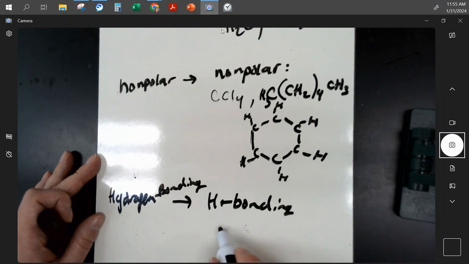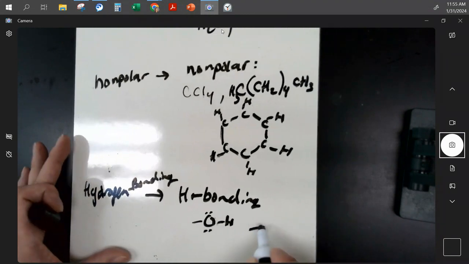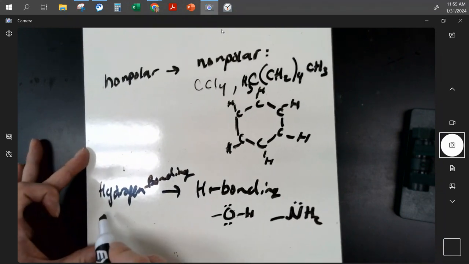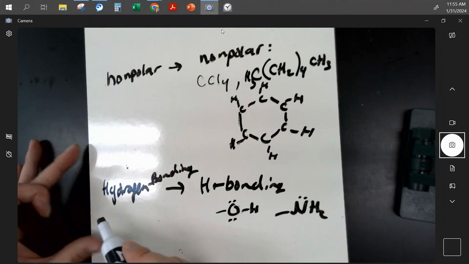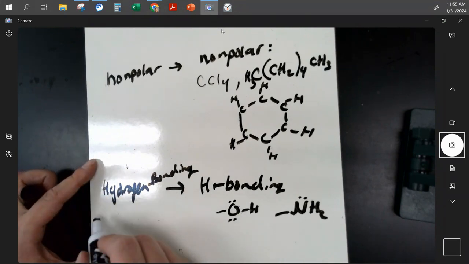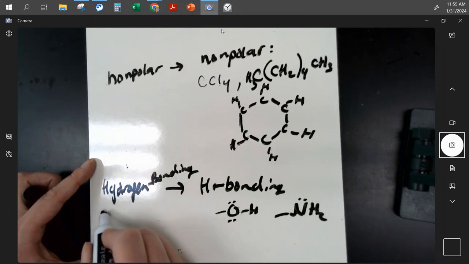H bonding. So I'm looking for something that has OH or NH2. That would be the best solvent. Or again, like dissolves like. If it has the same types of groups, then it's going to dissolve it. That would be the next best option.